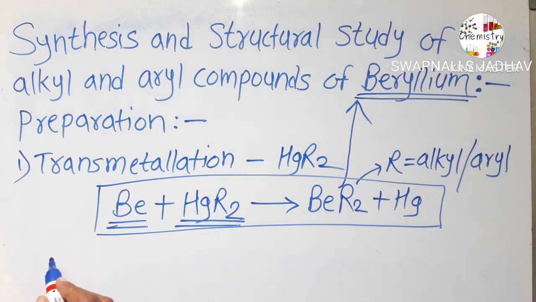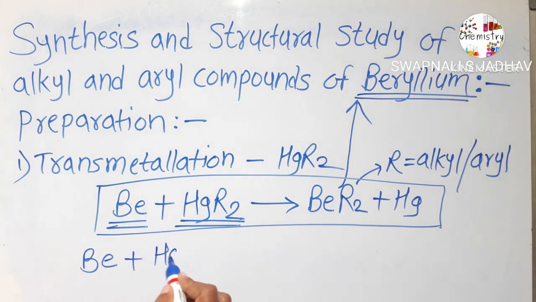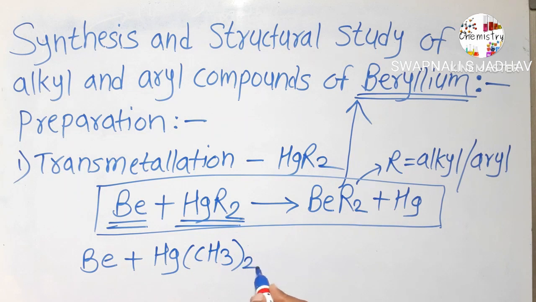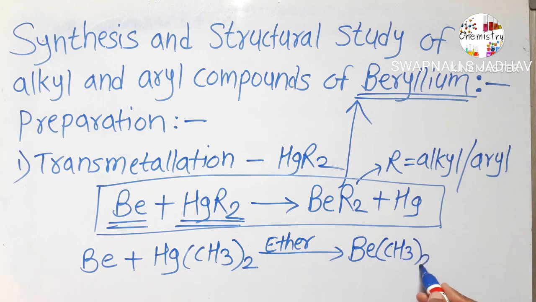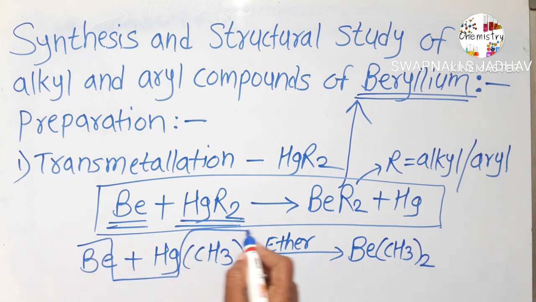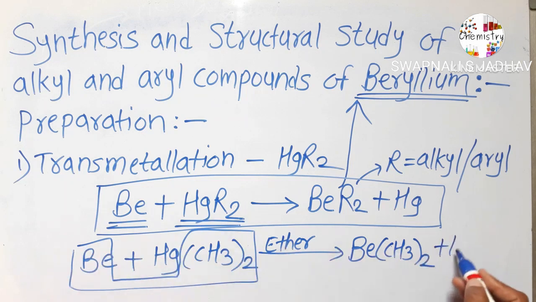So we see one example. First, preparation of a beryllium alkyl compound: when beryllium is reacted with Hg(CH3)2 in presence of ether, there is formation of the organometallic compound Be(CH3)2 plus mercury.